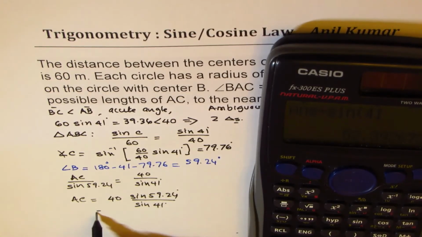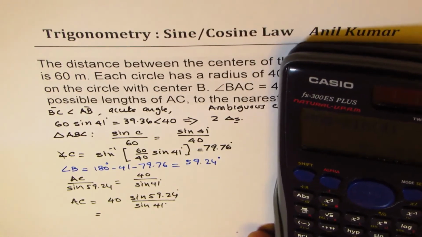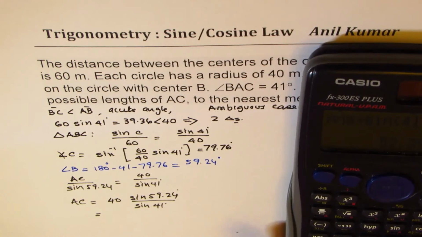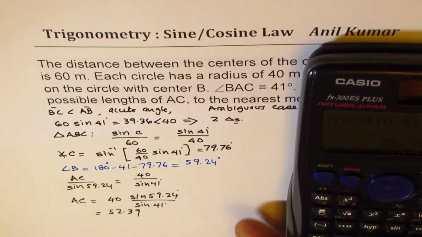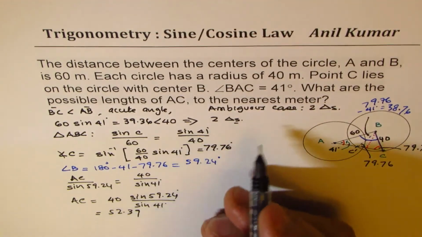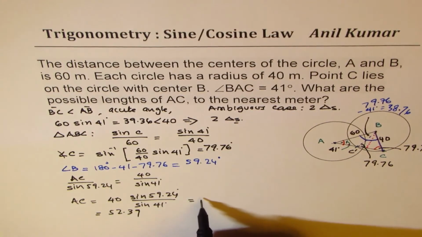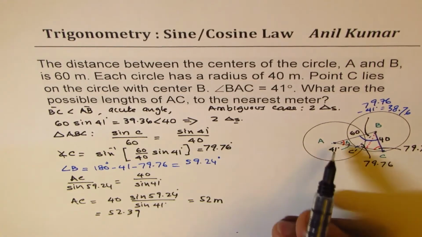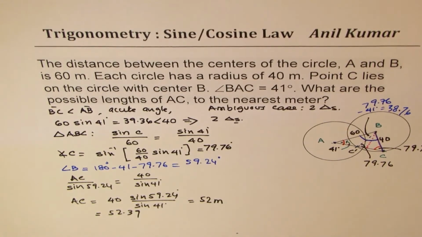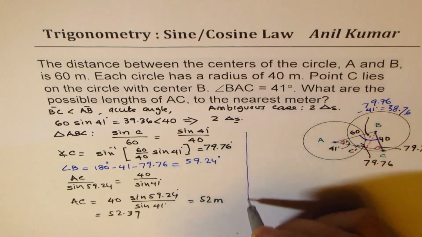And that gives me 52.39. So we have to round it to nearest meter, so I could round this to 52 meters, correct? So AC, one possible position is 52 meters.